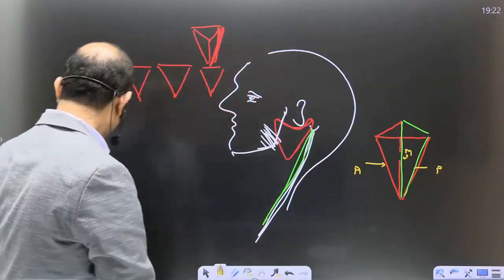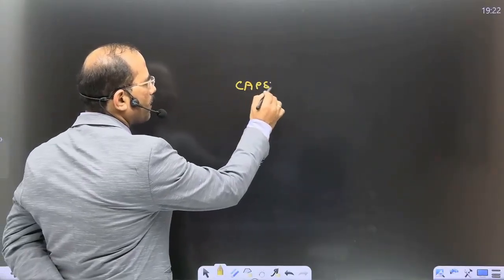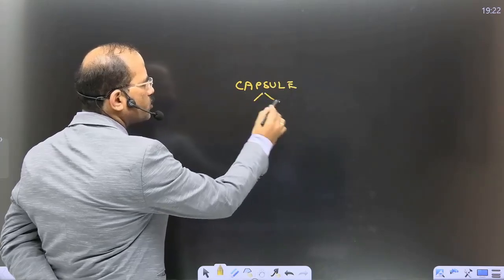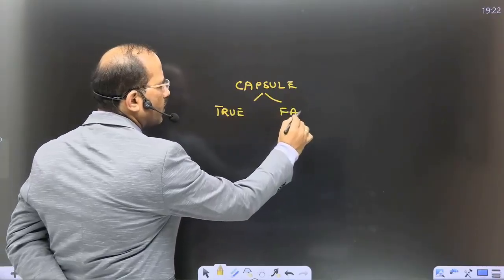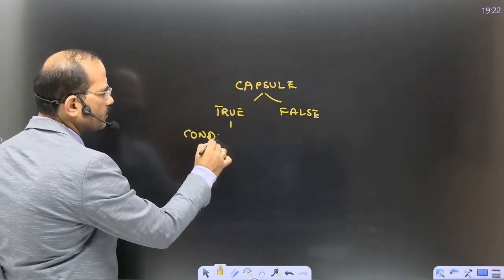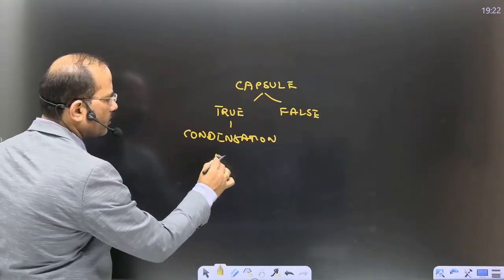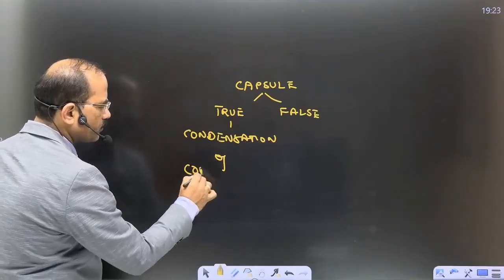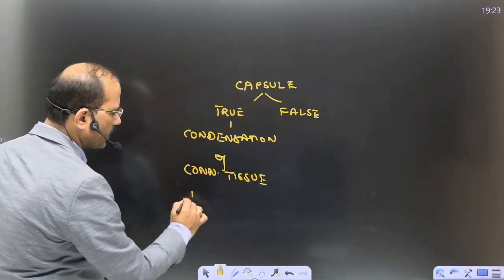So this parotid gland will be lined by two capsules, one is true and the other one is false. True capsule is formed by the condensation of connective tissue around the gland.